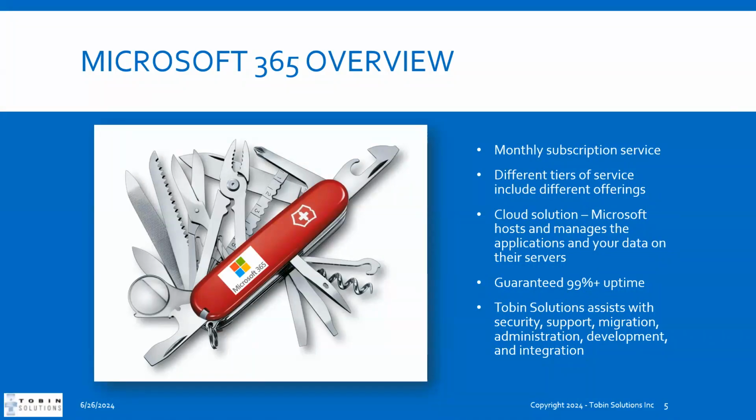There's different knives that have different tools, which it's always fun to look at those. But same thing with Microsoft subscriptions. Which subscription do you have has which tools, especially as it relates to SharePoint and OneDrive. And we can of course assist with all that.